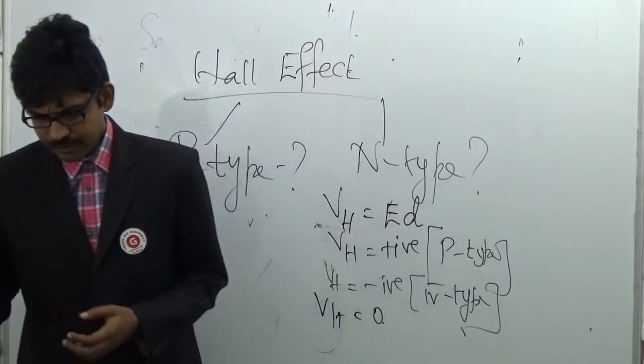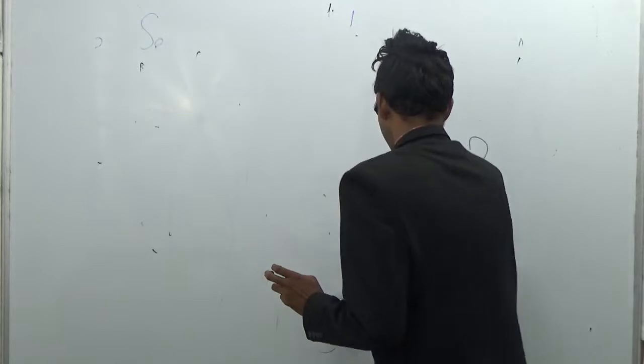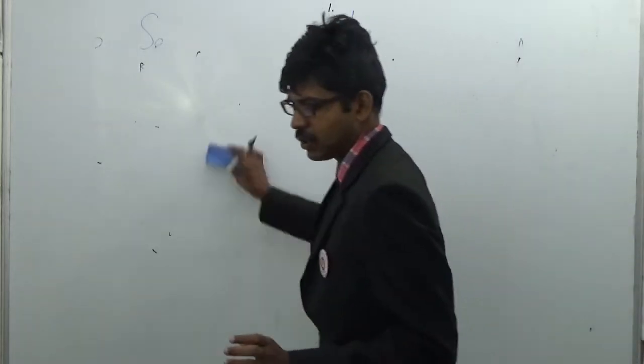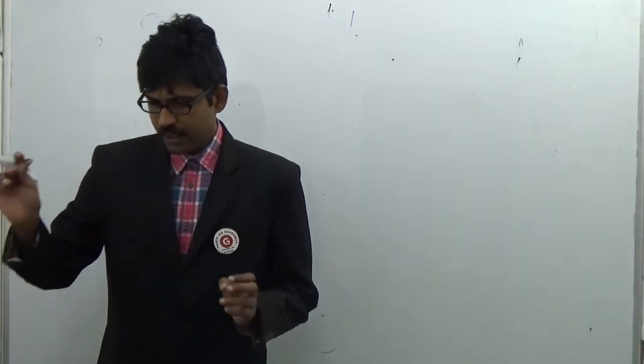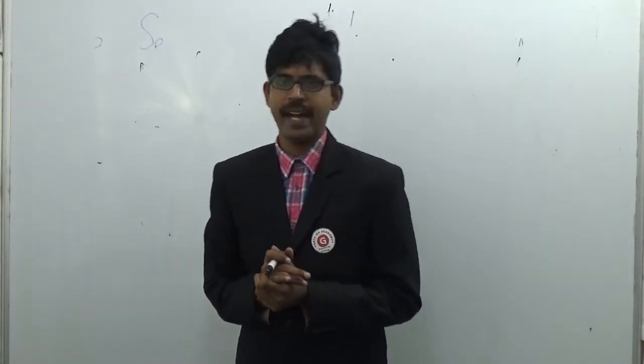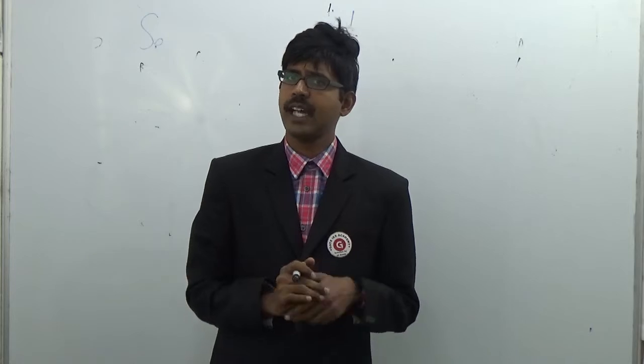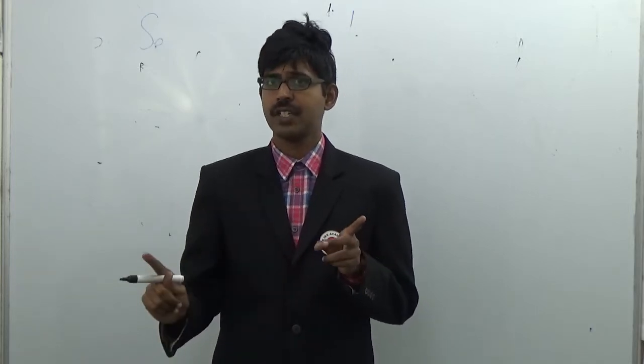Now, as I told you, we are going to learn about the diffusion current density for a p-type as well as for an n-type material. Current density is of two types: drift current density and diffusion current density.